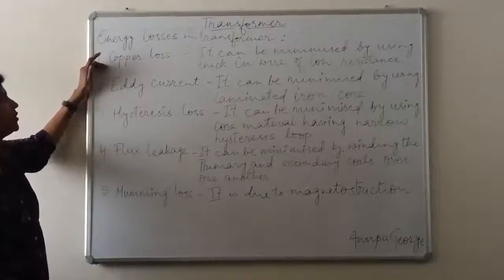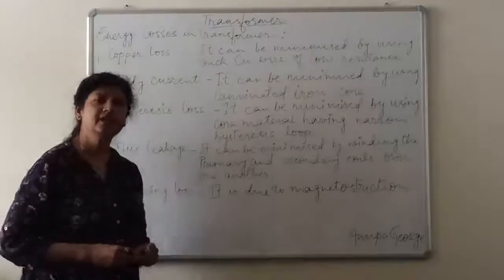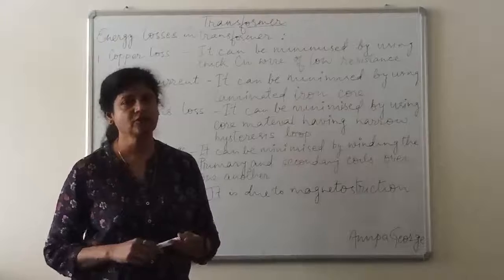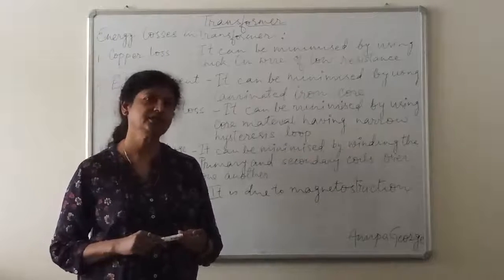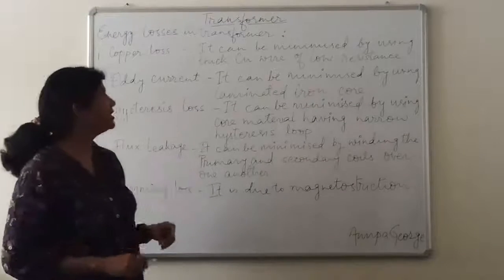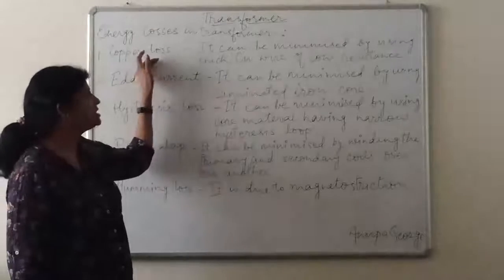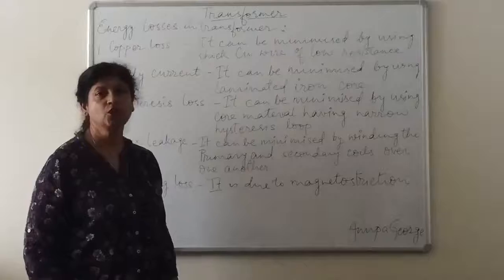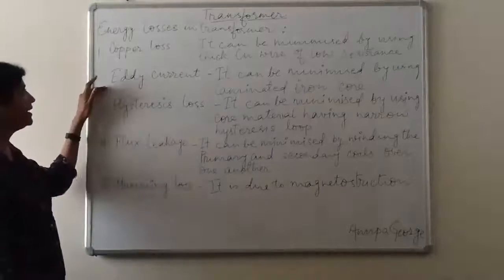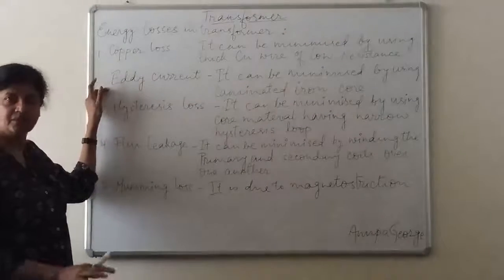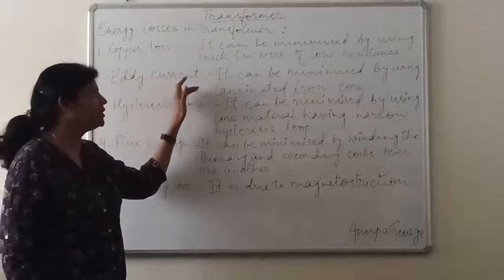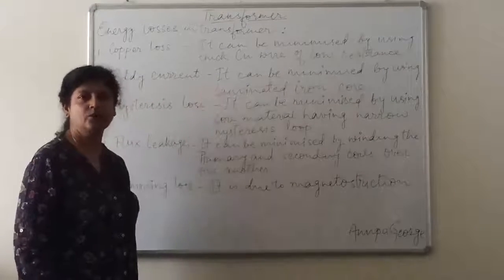Come to copper loss. Some electrical energy is lost due to heating effect of primary and secondary coil. So, this can be minimized by using thick copper wire of low resistance. Eddy current, again some heating effect we get. It can be minimized by using laminated iron core.